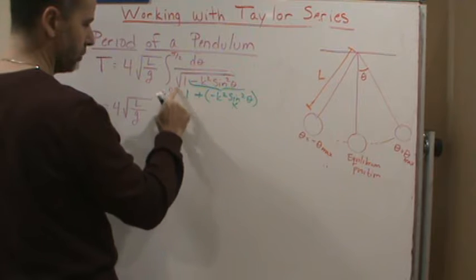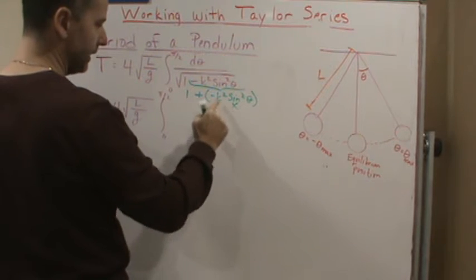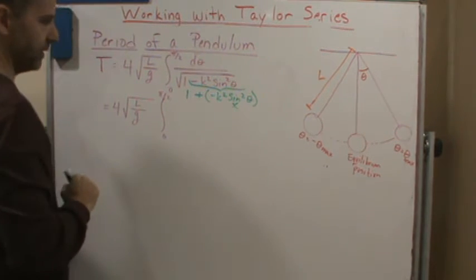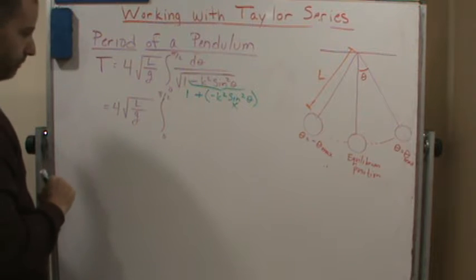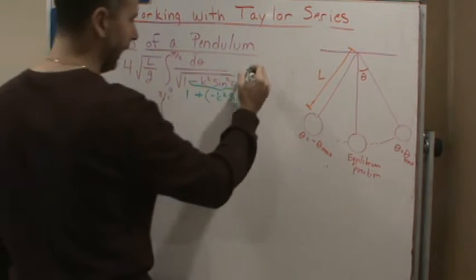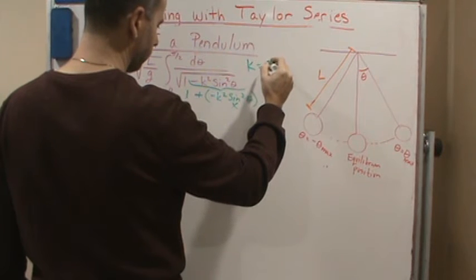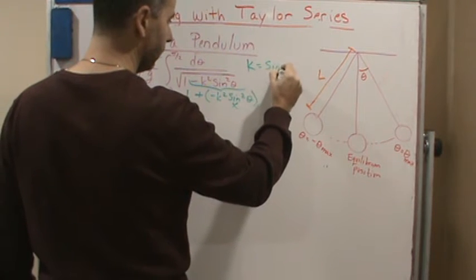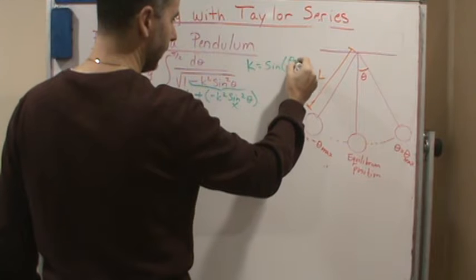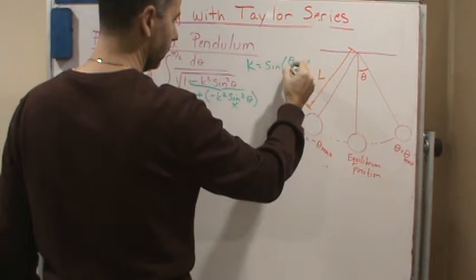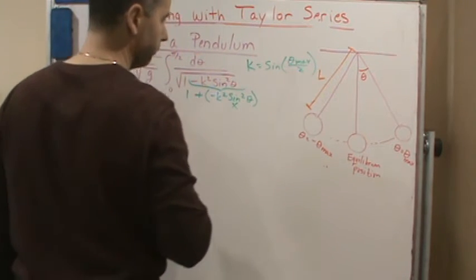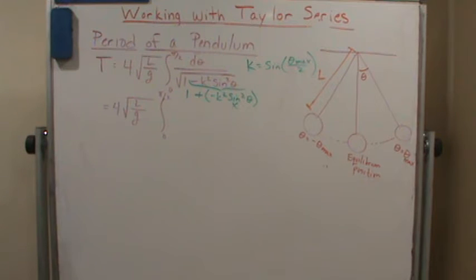So 1 over the square root of 1 plus x, where x is going to be this negative k squared times sine squared theta. Oh, and by the way, k equals sine of theta max divided by 2. Okay, so that's the constant.